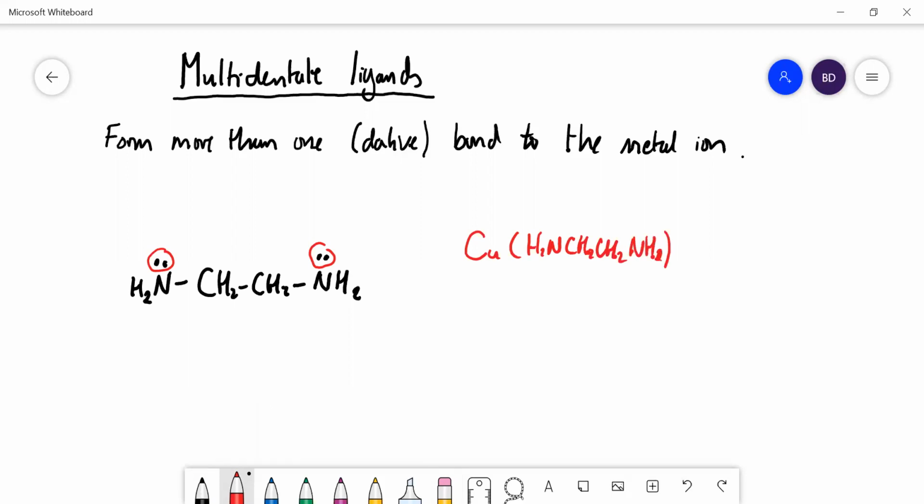Well, copper 2+ usually forms 6 covalent bonds. So each one can form 2, so you'd need 3 of those. It's important to read what the coordination number of the copper ion would be. The coordination number would be 6, because that's the number of dative covalent bonds, not the number of ligands.